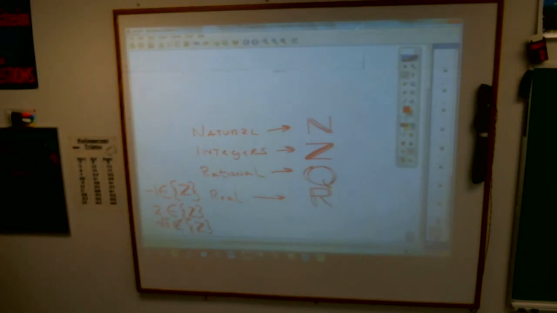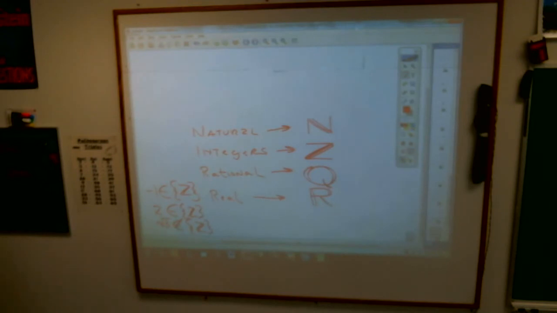How about letter D? Use the subset symbol to show the relationship between A and B. If A is all triangles and B is all polygons, the question you ask is, would all triangles be a subset of polygons, or are all polygons a subset of triangles?